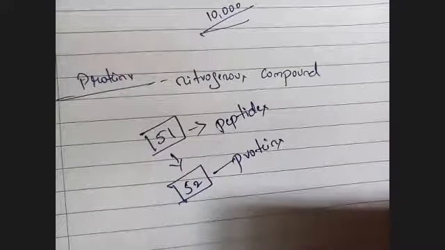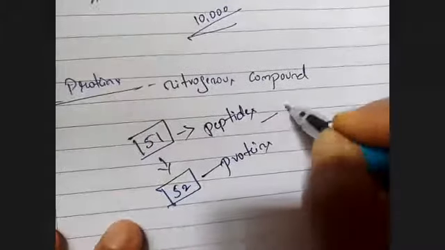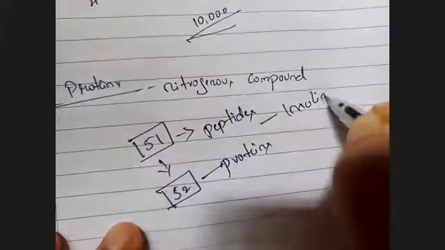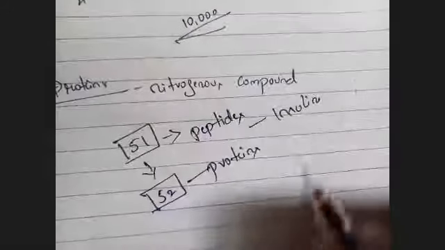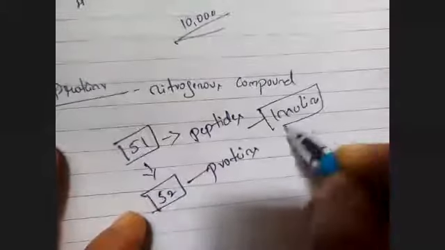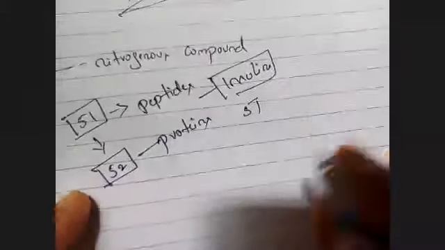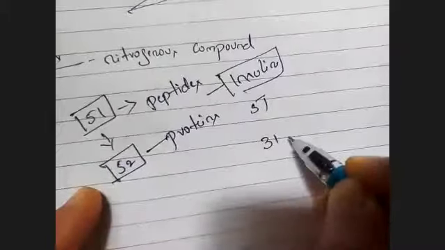But we have one exception, that is insulin. I think everybody has heard this very familiar word, insulin. It has 51 amino acids: 31 amino acids in the first chain and 20 amino acids in the second chain.